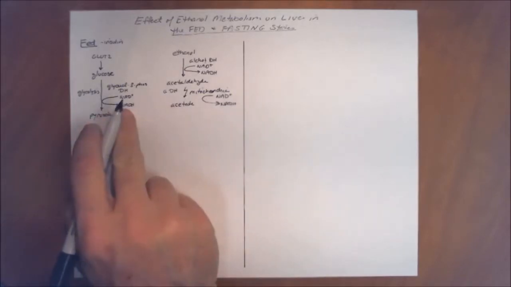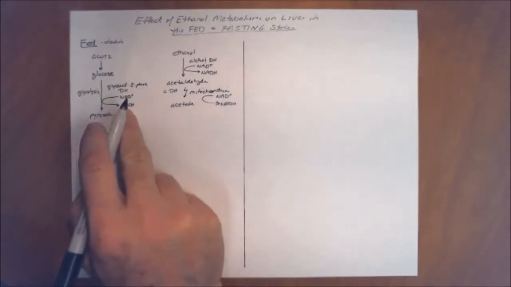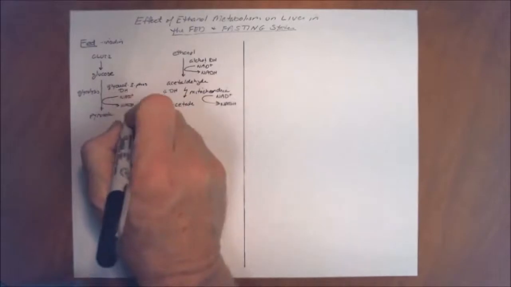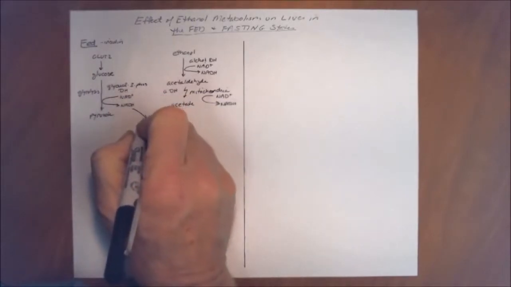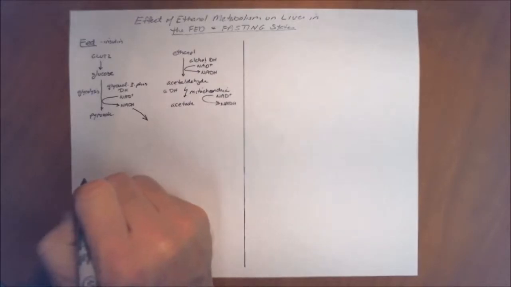Now, the NADH that is generated in the fed state in the liver, recall these reducing equivalents need to be transferred into the mitochondria to be put into the electron transport chain.